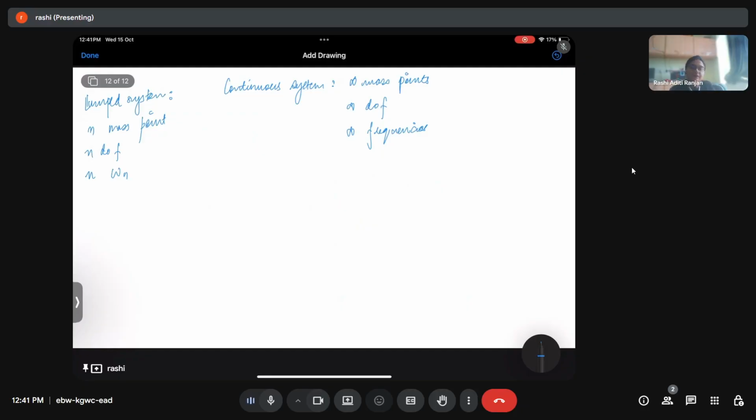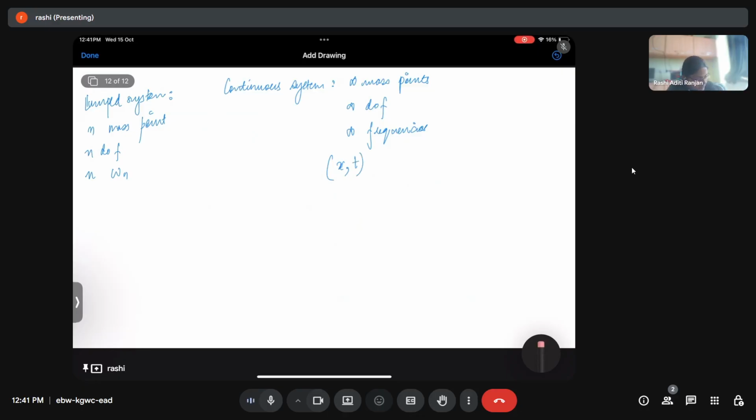Now we cannot solve it using the concepts that we used earlier for the lumped mass parameters. For this, we need to define the equation in terms of a partial differential equation. Why partial differential equation? Because in this case, my deformation or motion is dependent on x as well as time.